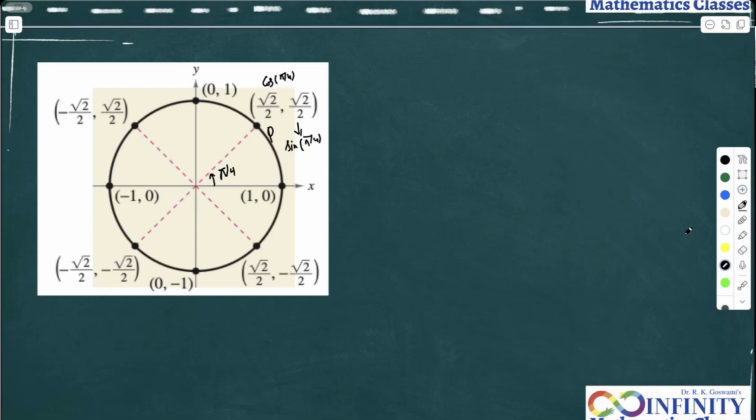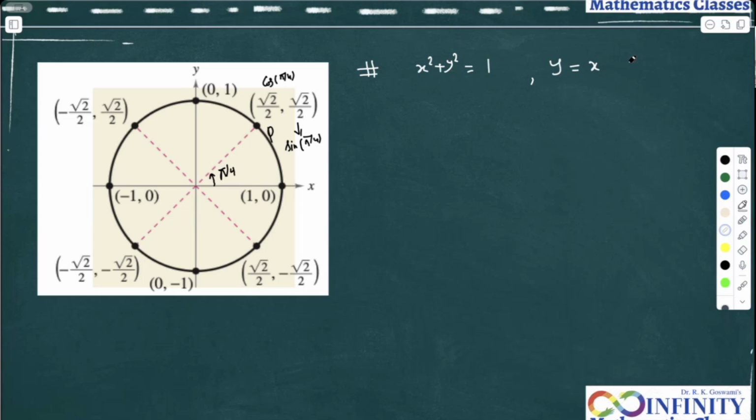The question is, how can I get these values? The answer is simple. You have x square plus y square equals 1. This is the equation of the circle. And this line in the usual way can be written as y equals x.